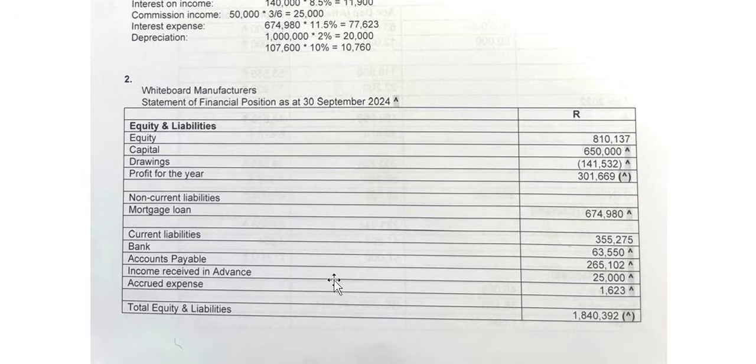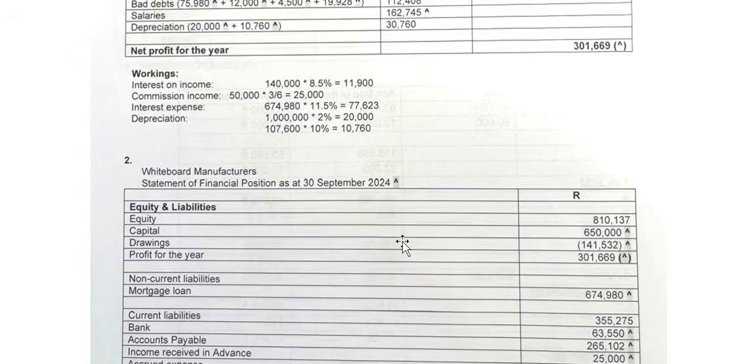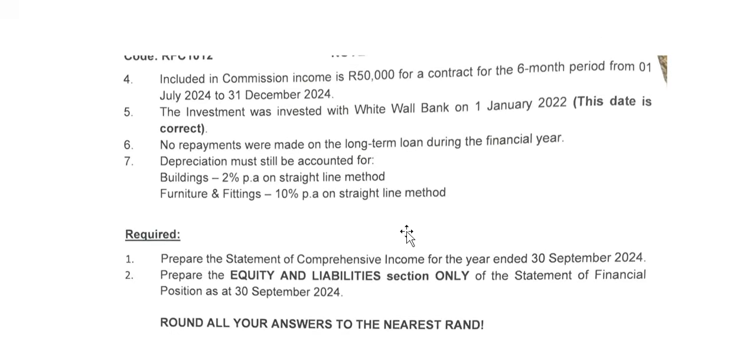They're both current liabilities from the adjustments. And if you add equity and liabilities together, you're going to get 1,840,392.